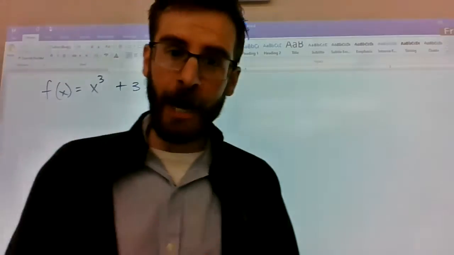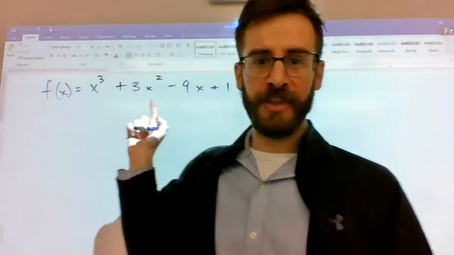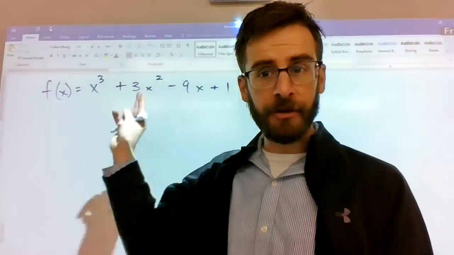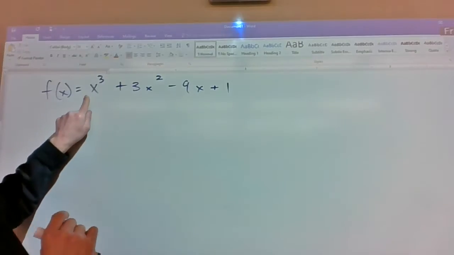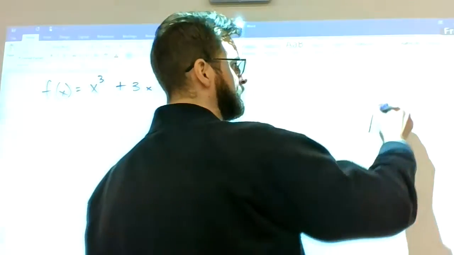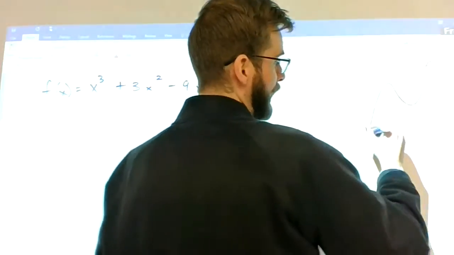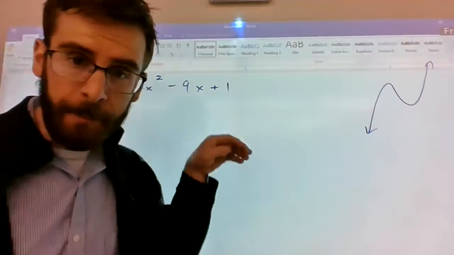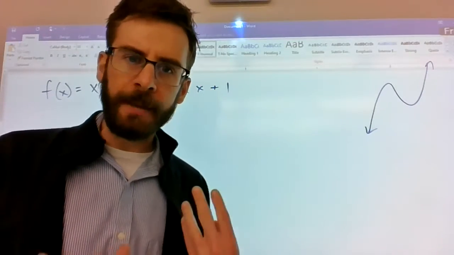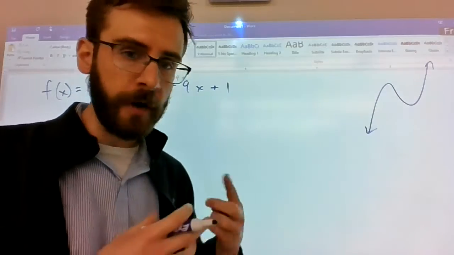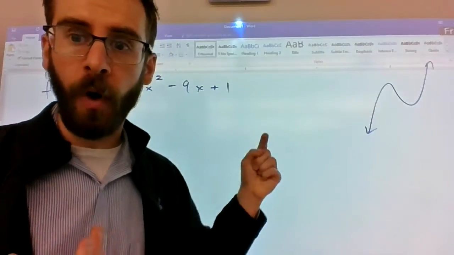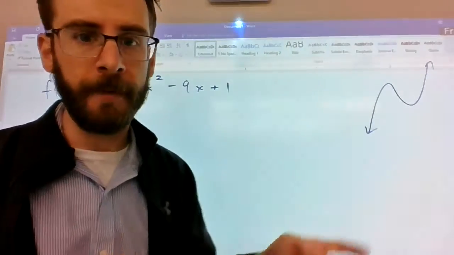And from your pre-calculus days, you know that if it starts with an x cubed and it's got a string of other x terms behind it, and the leading coefficient is positive, it's going to come from the bottom and move its way up. It might move up a couple of times, but that's the general idea. So we're going to have plenty to work with, at least one probably max and one min.